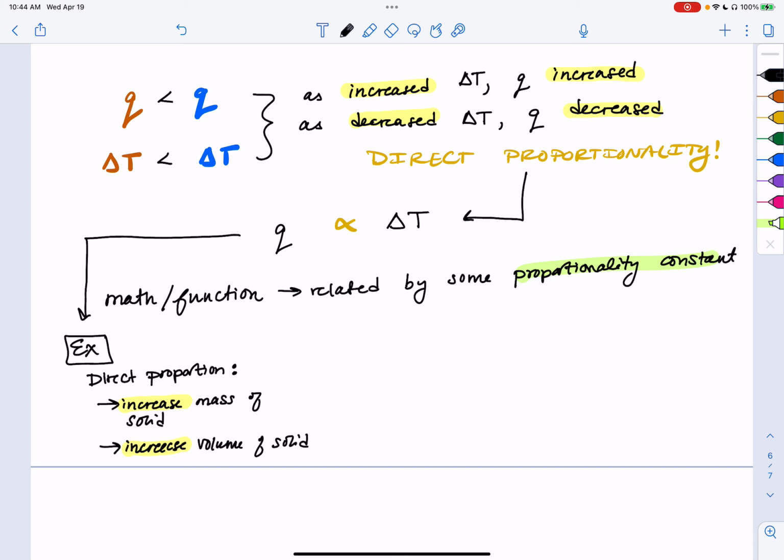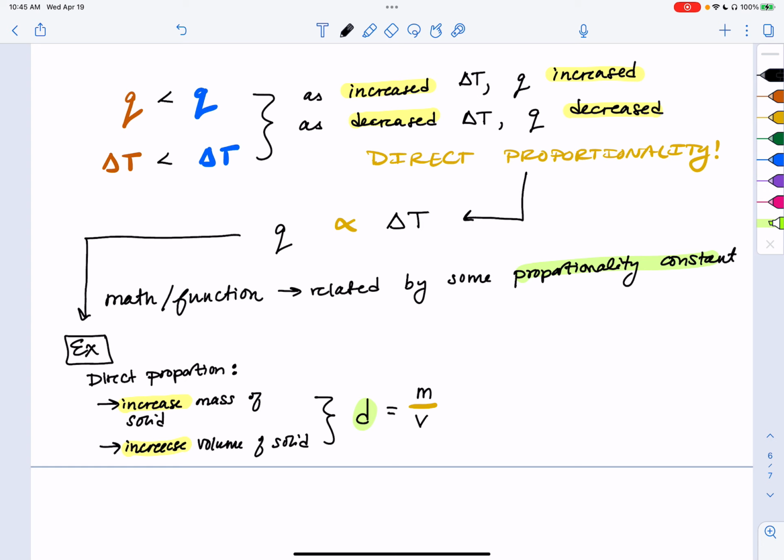So what relates mass and volume? Density would be the proportionality constant. And we know that density is a quotient of mass and volume. So mathematically, we saw that the quotient is equal to our constant.